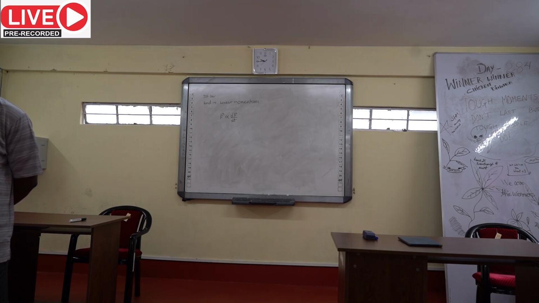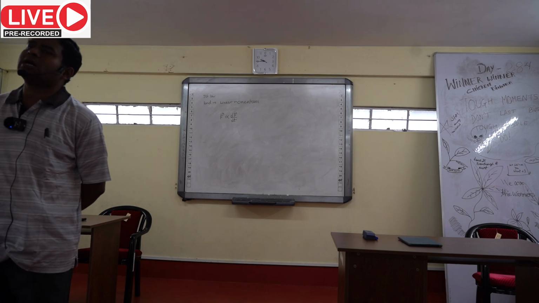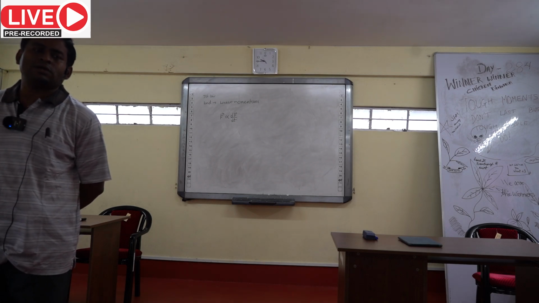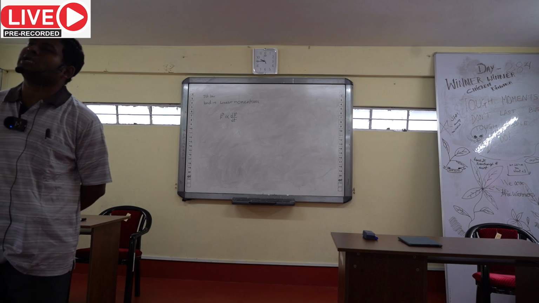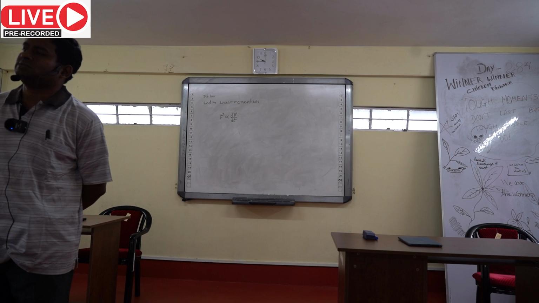The product of mass and velocity. How did Newton realize that for the calculation of force, the product of mass and velocity is required? How did Newton think about it? Out of nothing, he multiplied mass with velocity, found a new physical quantity, and said that this is required for measuring the force.